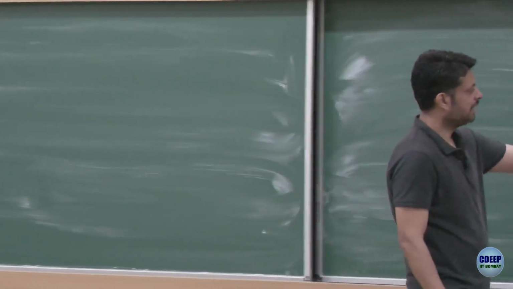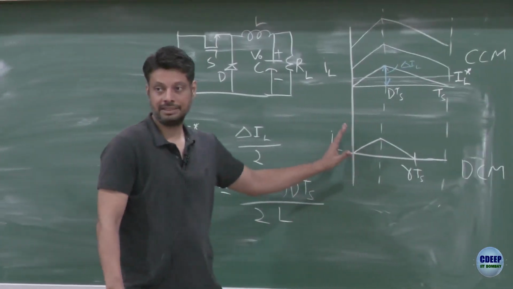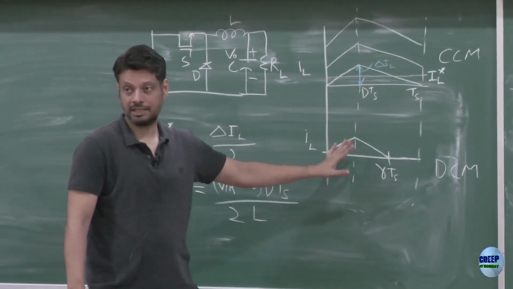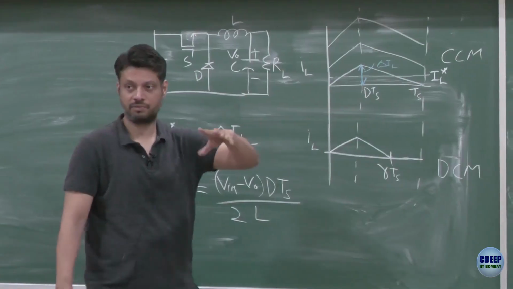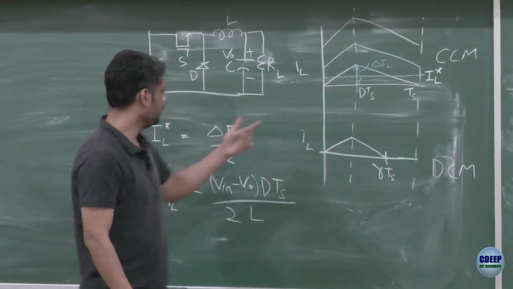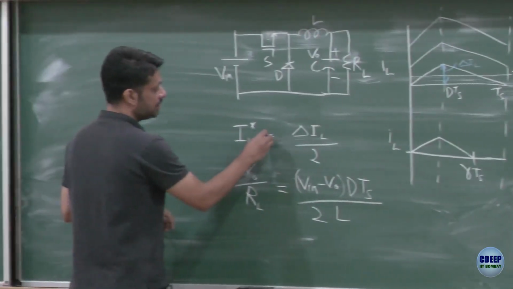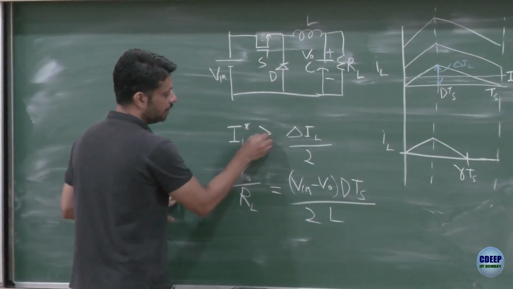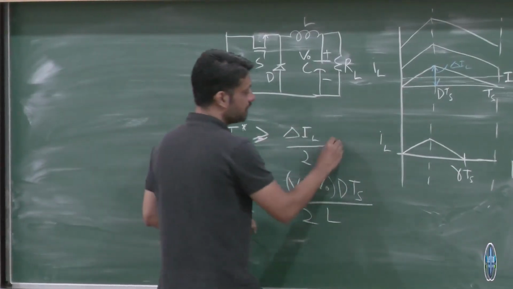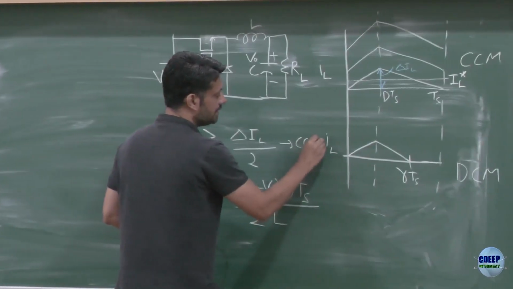Yeah, so we'll come to that. We'll analyze this case in more detail very soon, in the next board, in just a few more minutes. But nevertheless, you can see that in this case, if your average current is more than or equal to delta IL by 2, that implies you are in CCM.